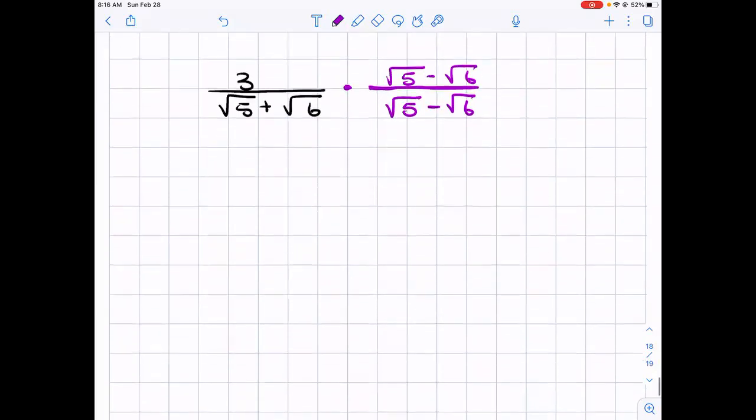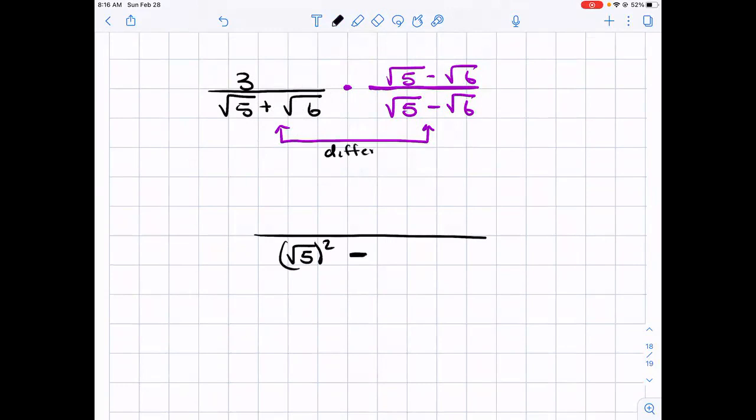If you multiply these two, the denominator will become the square root of 5 squared minus the square root of 6 squared.